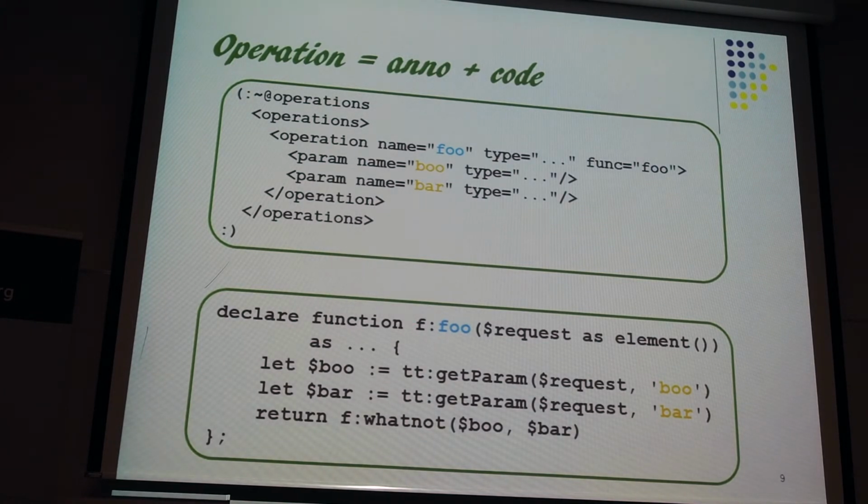And now comes the most interesting part. Unlike, for example, RESTXQ, there's not the approach of mapping input parameters to function parameters. Topic tools use what I call the message abstraction. You get a message, and you pull out of the message what you want.